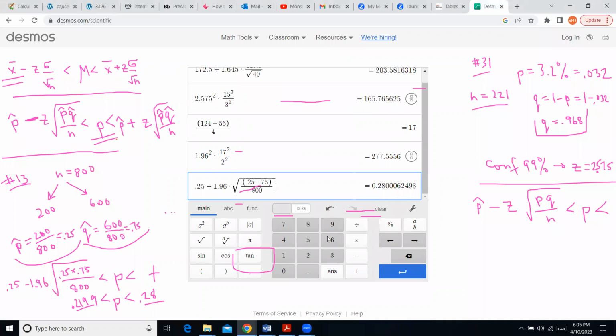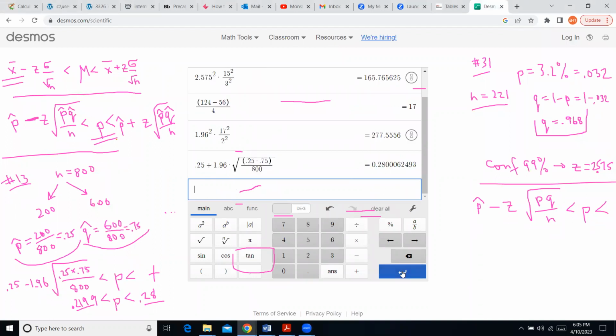So let's put in P hat. What is that? 0.032. That's my sample proportion. The z-score is 2.575. Then I have to write it here. And then I take a square root, right? Maybe I can do one side and you can calculate the other side.